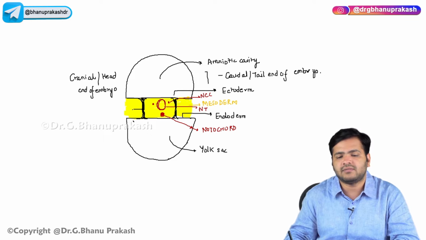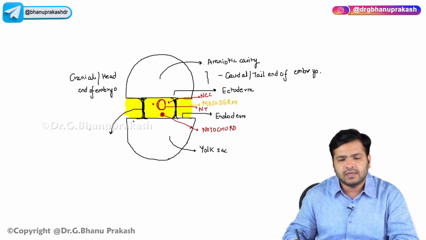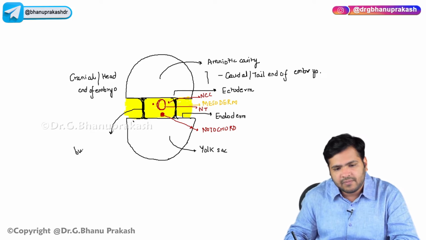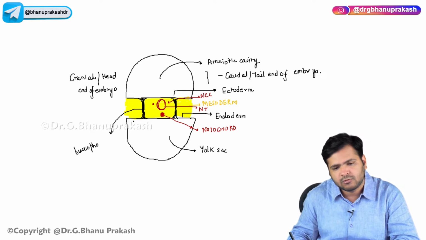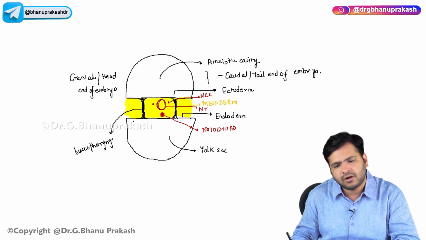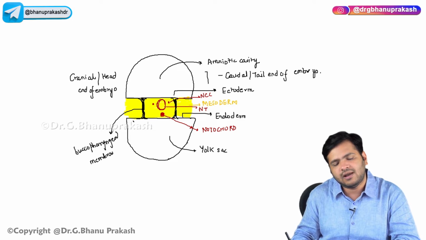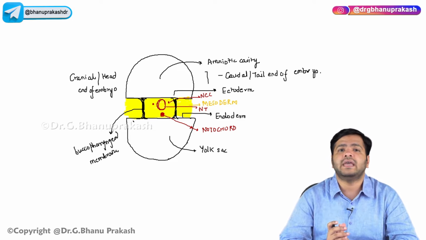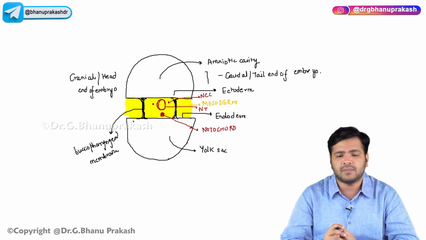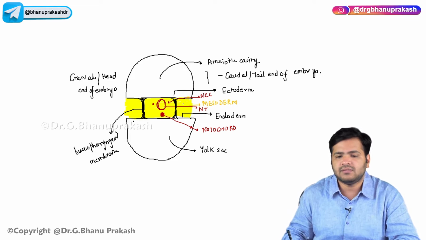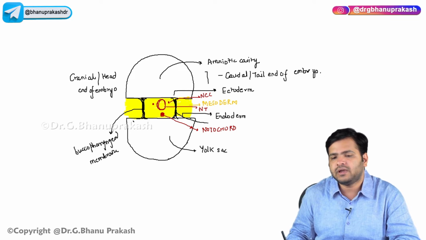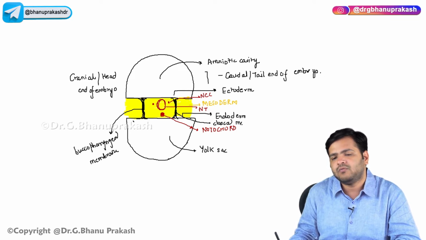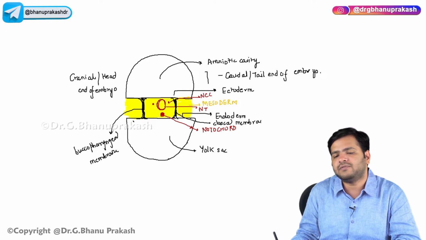This is called the buccopharyngeal membrane. It will rupture to form the opening of the mouth, and this is the cloacal membrane, which will rupture to form the opening of the anus.